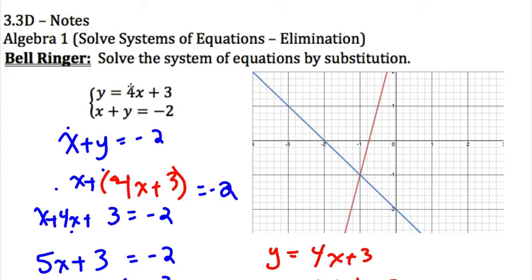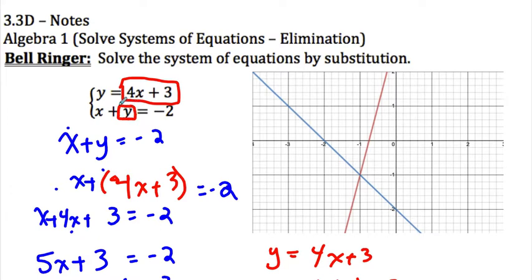If we're solving by substitution, one of our equations will be equal to a variable. So we take what it's equal to, in this case y is equal to 4x plus 3, and we plug that into the other equation for that variable.